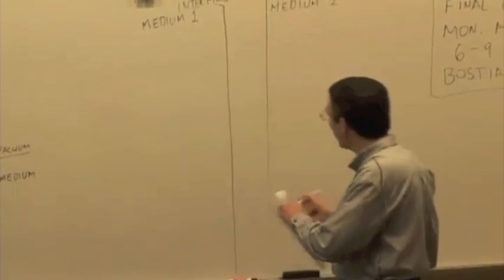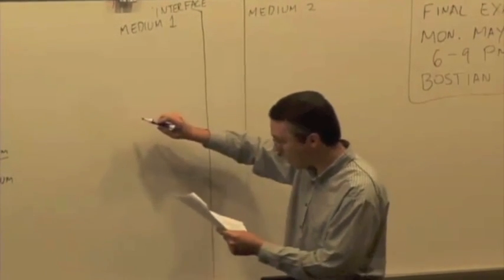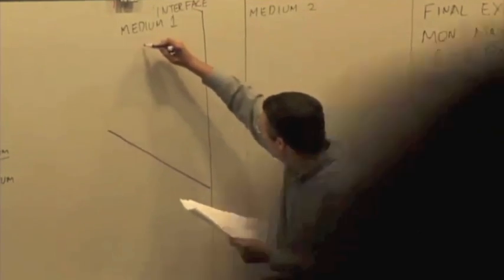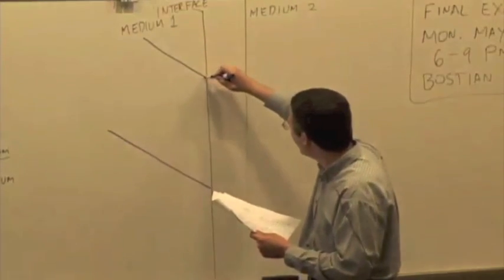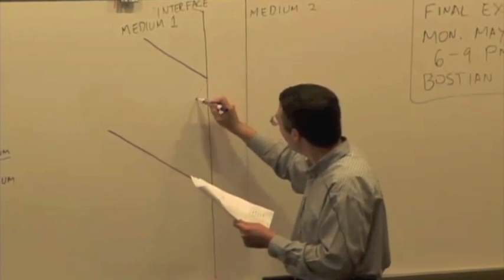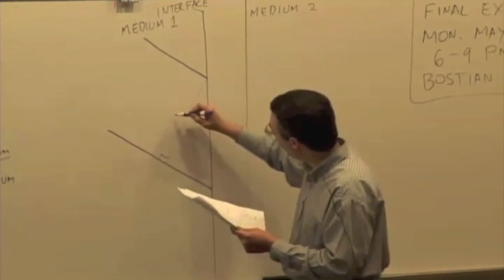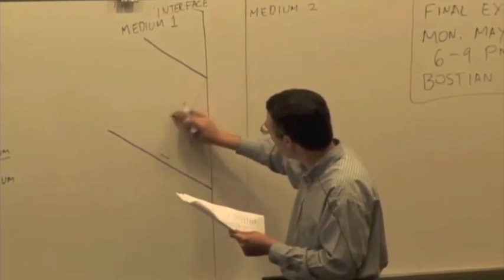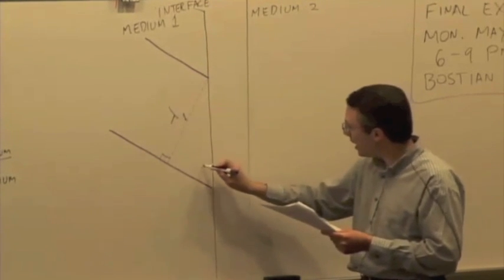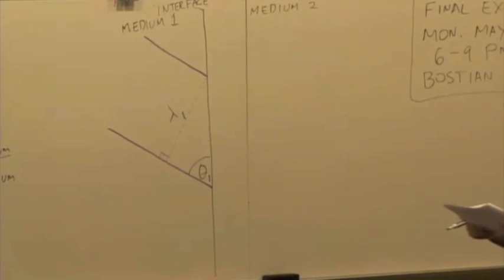Here, in the first medium, we have a wavefront, and then another wavefront, and this perpendicular distance between the two wavefronts is the wavelength. So this is lambda 1. We'll call this angle theta 1 between the surface and the wavefront.